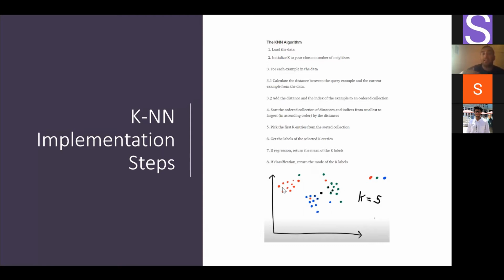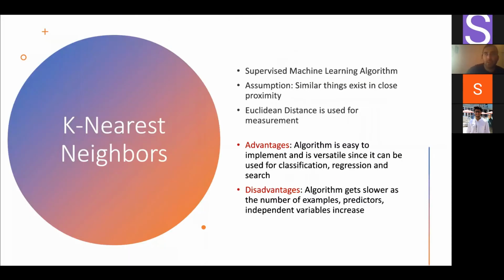And we can say that that data point is similar to the group of data points that it's the closest to. Let me know if that doesn't make any sense or if you guys need further understanding, but that's pretty much how it works. So like I said, Euclidean distance is used for the measurement.